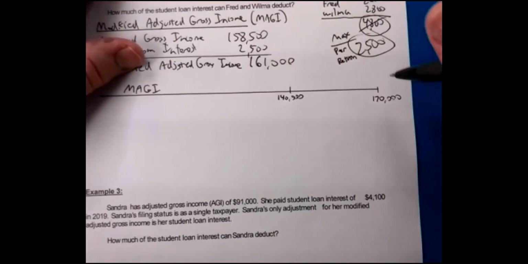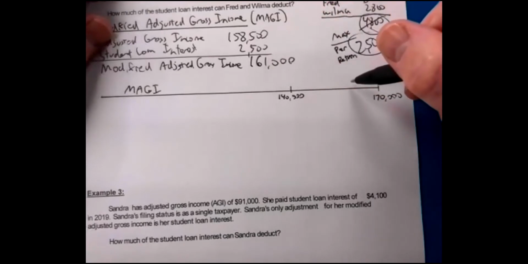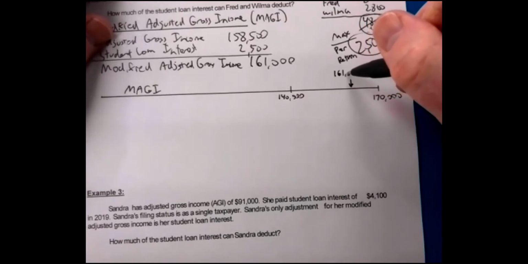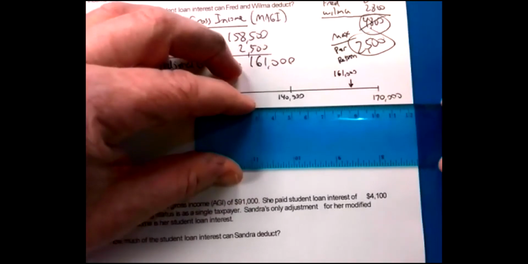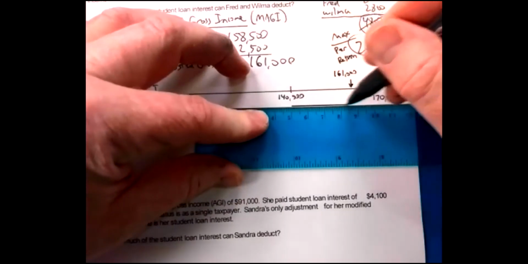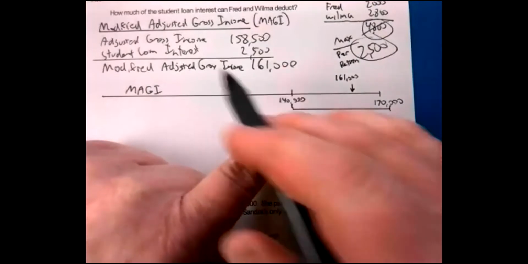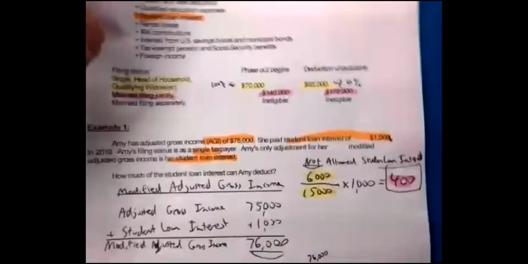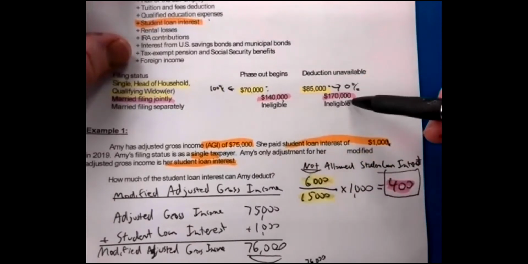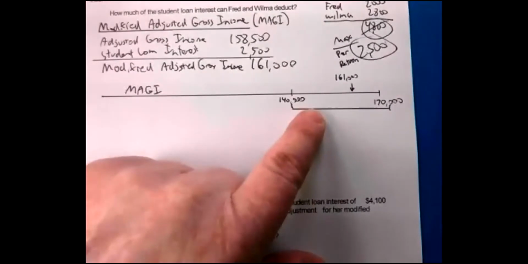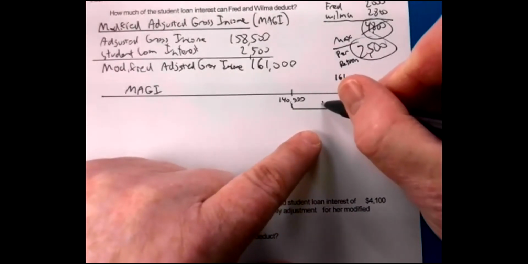Now they fall at 161,000. Okay. The span here is, now you'll notice that even though the 2,500 is the same, the actual phase out numbers from the single are double. 2 times 70 is 140, 2 times 85,000 is 170. So this span here is 30,000.